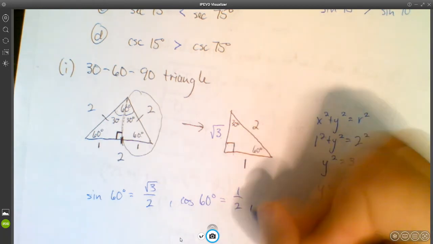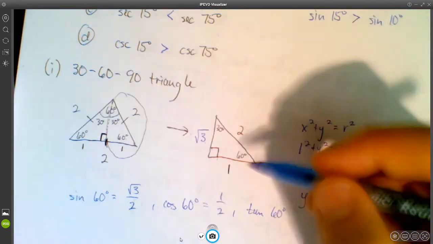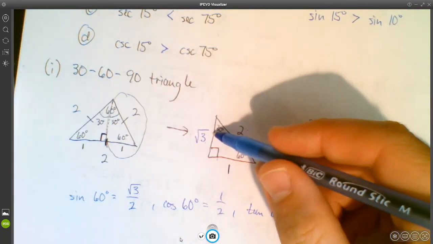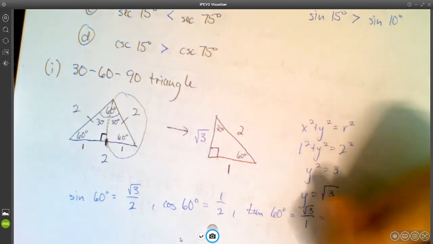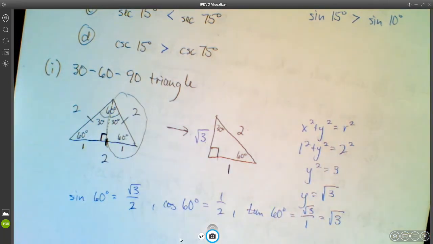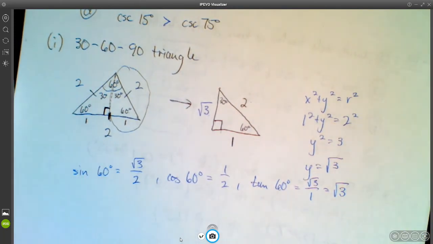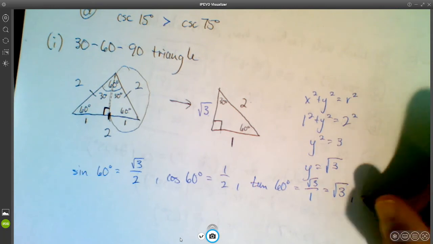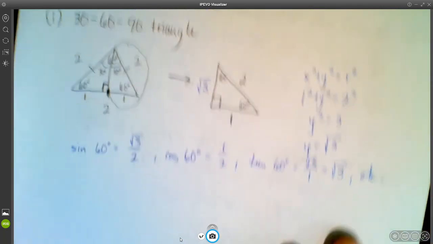That's 1/2. And we know that tangent of 60 degrees is going to be opposite over adjacent. That's root 3 over 1, which of course is just root 3. Okay, and so forth for the other 3 trig functions.